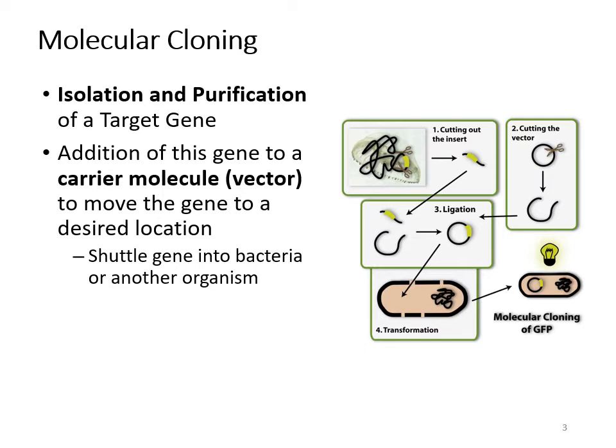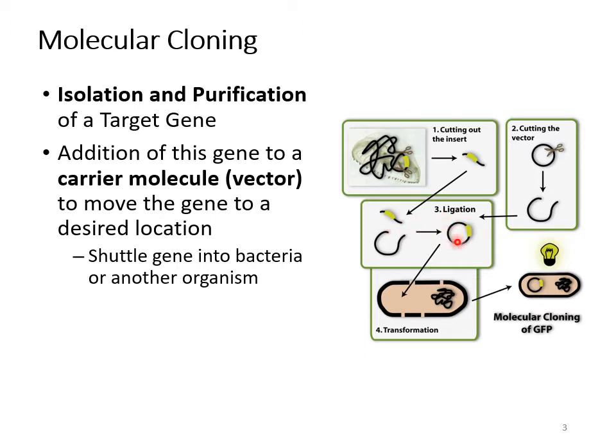So now, as you see in this figure on the slide, you can ligate them together. You take that gene that you cut out of a big genome, and that vector that you cut open in just one spot, and you glue together those pieces.